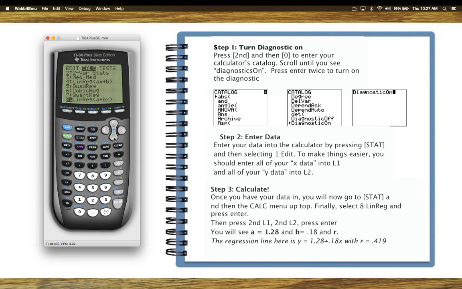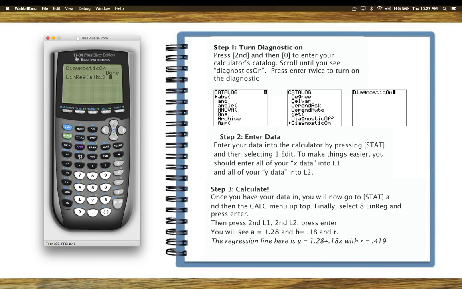So I'm going to pick number 8, press enter. Now on your screen it appears linear regression in parentheses a plus bx, and we have to tell the calculator which values we're using, and they are in L1 and L2.